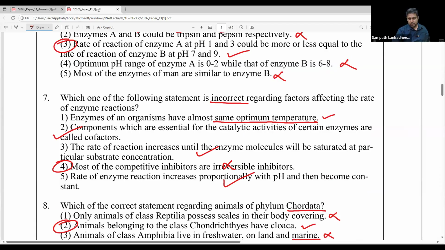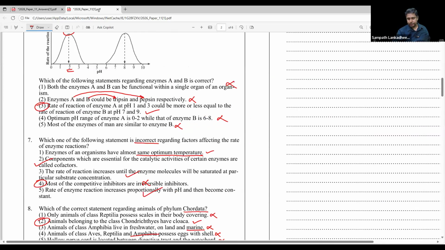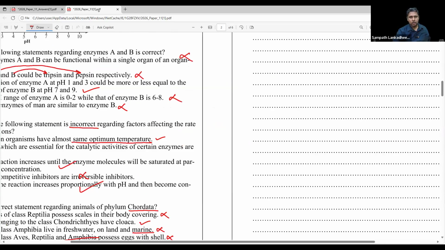Rate of enzyme reaction increases proportionately with pH and then becomes constant.